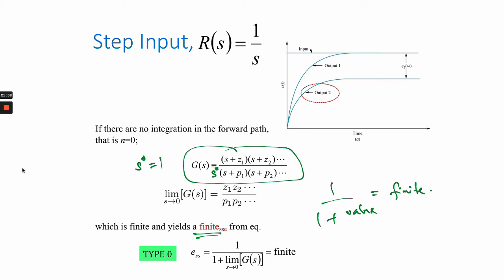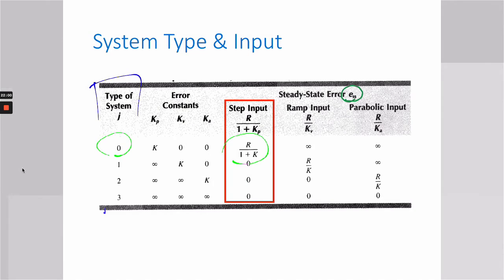That's why, from the table, you can see that a type 0 system gives you a finite output.